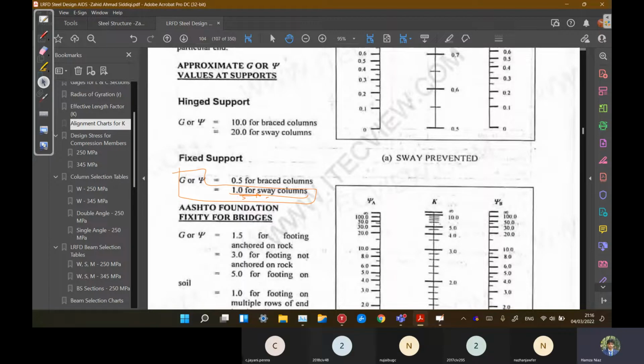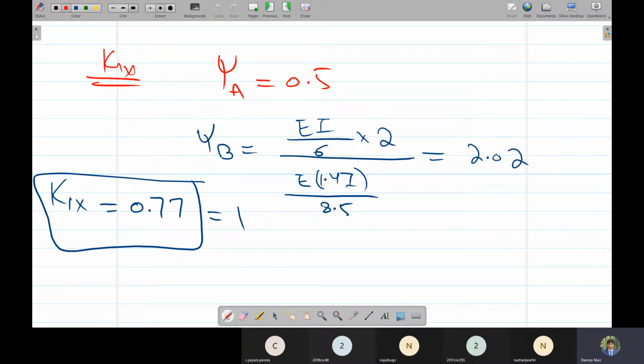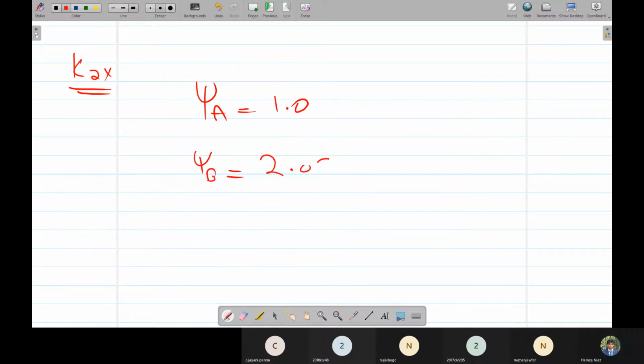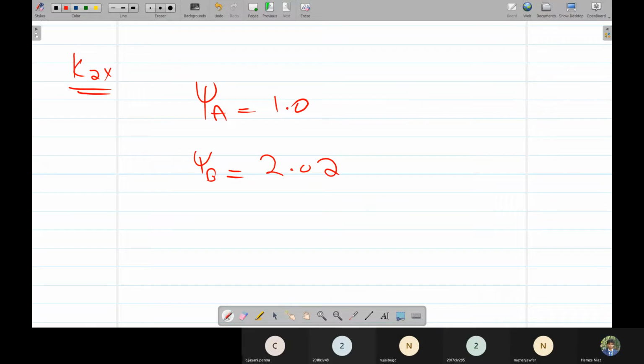And psi B would be the same, as the same beam and columns are present, so it would be 2.02. We'll check this one here: 1 and 2.02, almost this. If we join them, we get almost 1.45. We'll use K2x equal to 1.45.